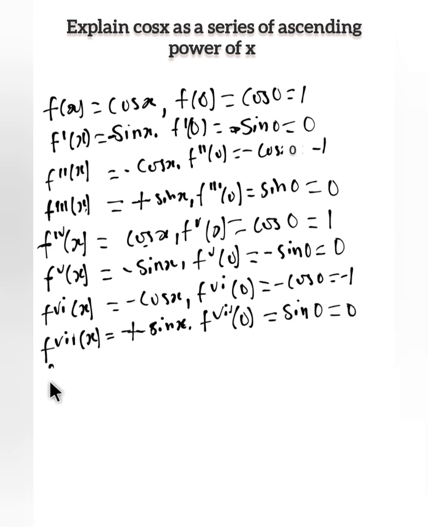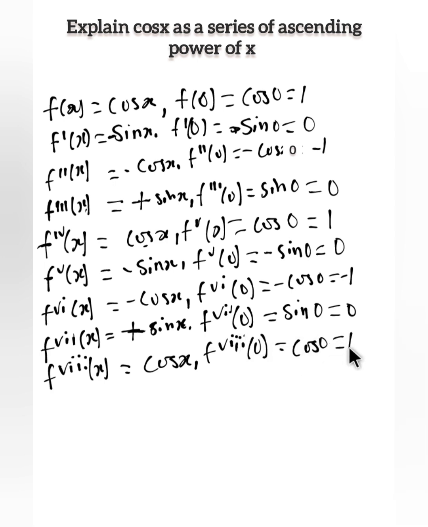Then the eighth derivative of x, which is the differentiation of sine x, which is cos x, gives us the eighth derivative of 0 is equal to cos 0 equals 1. So let's stop there. You can continue if you want to.